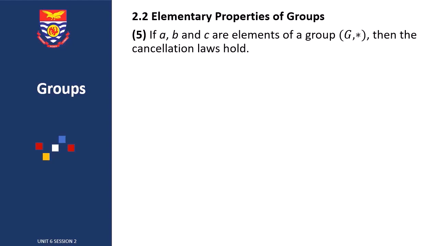Okay, as you've already said, let A, B, and C be members of G. Then for the cancellation law, the first one, let me look at right cancellation.